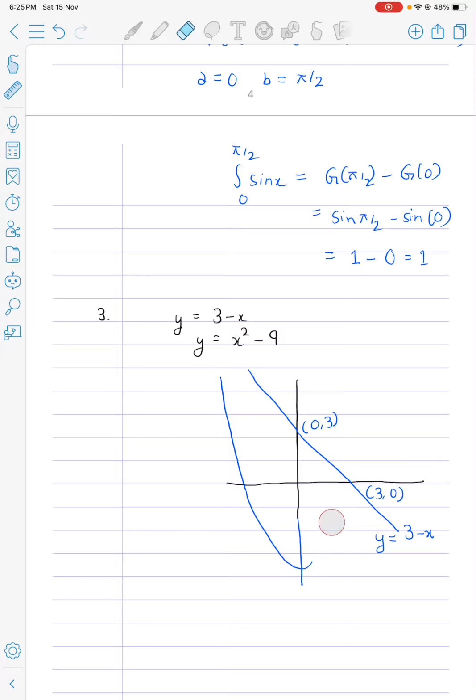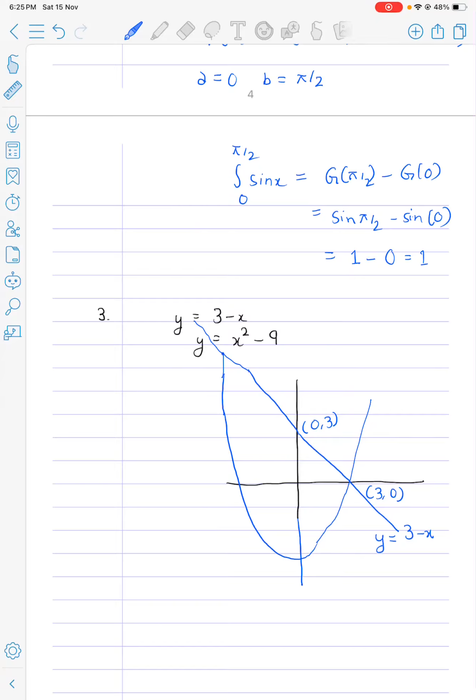Where will it meet? Okay, and this side it will meet somewhere around this.